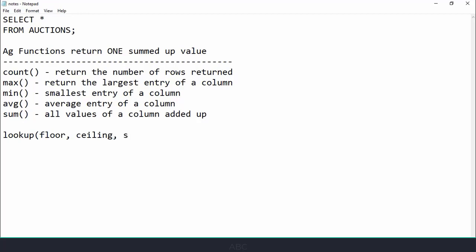And look up standard deviation. When I say look up, I mean you, the student, look up the following SQL functions.